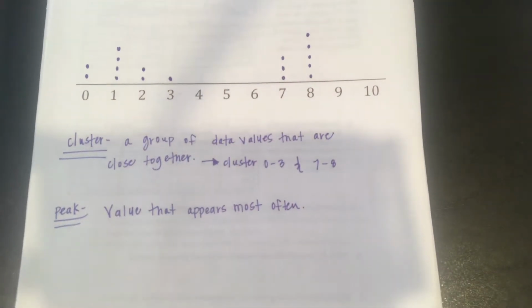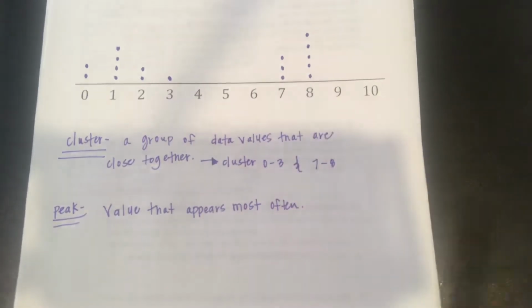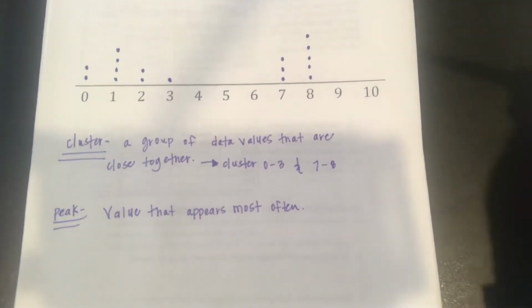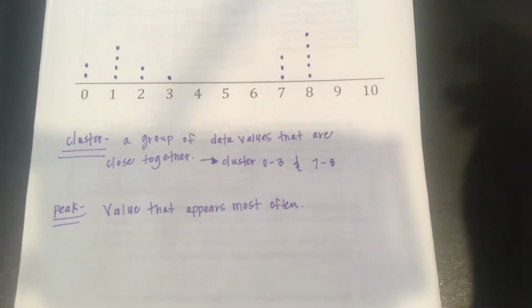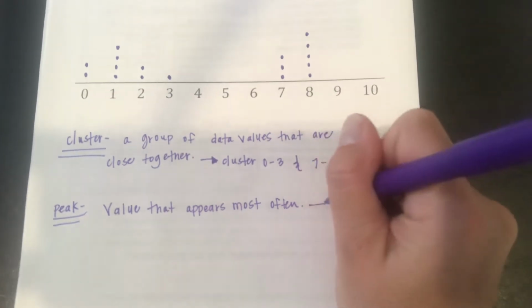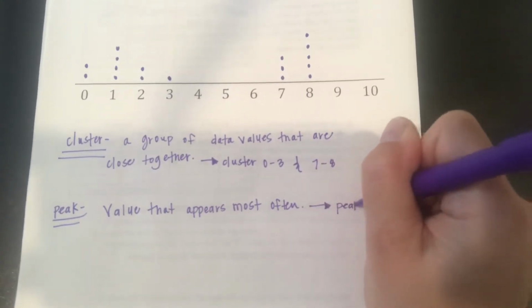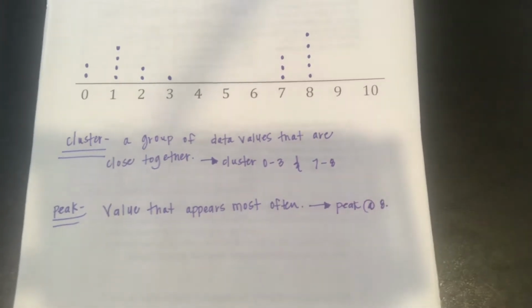So looking at our data, the number in our dot plot that appears most is 8. We have more dots on 8 than any other number. So we would say the peak is at 8.